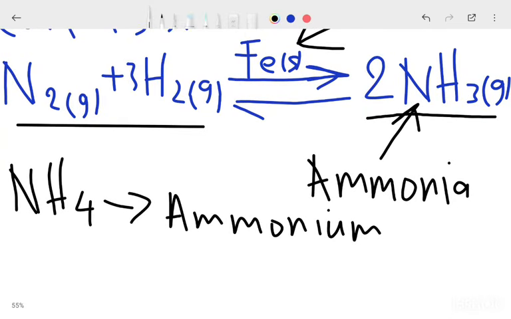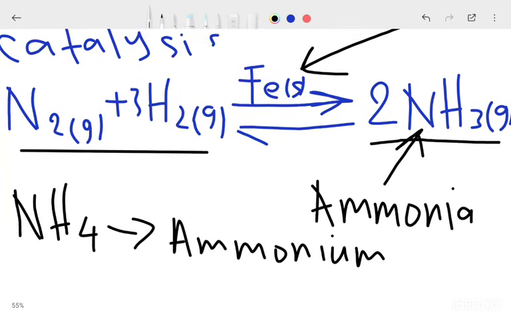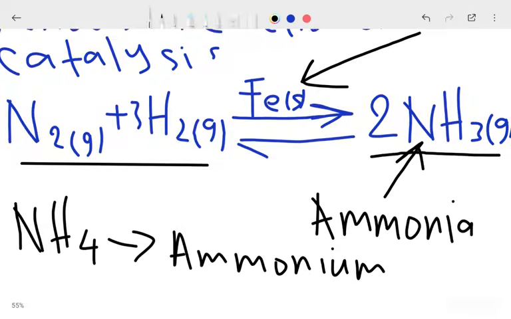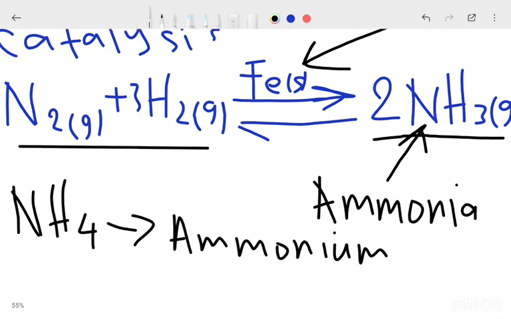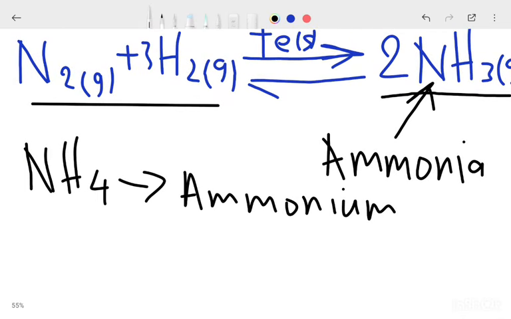So take note. So the formation of ammonia, the catalyst used is iron. Fe is iron. So take note of all these things. So the formation of ammonia, nitrogen combined with hydrogen to form ammonia. The catalyst used is iron, right?